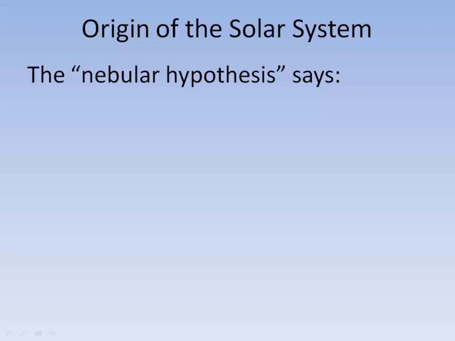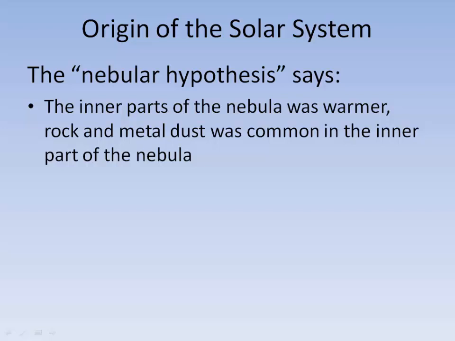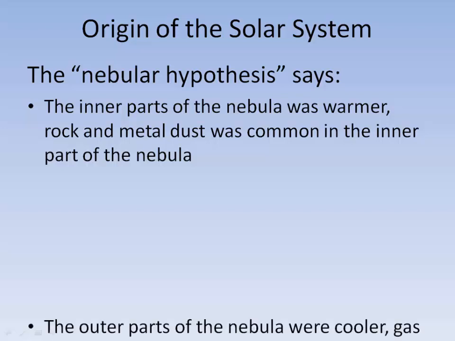So let's look at some of the details of the Nebular Hypothesis. It turns out that when the nebula contracted and formed that spinning disk, the inner part of that spinning disk was warm, and rock and metal dust was common in the inner warm part of the nebula.